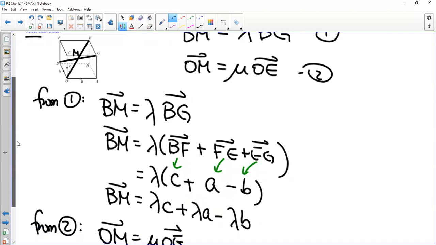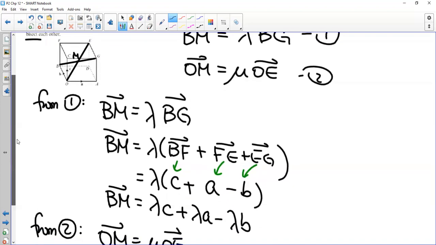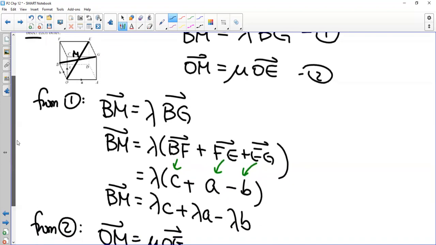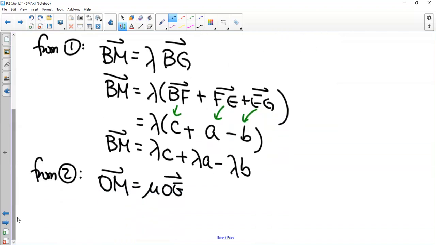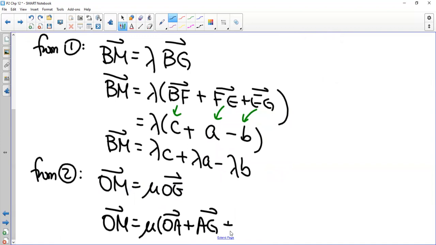So OE, we could go the different ways. I think the easiest for me will be O to A to G, and G to E. So OM will equal mu of O to A plus A to G plus G to E. It doesn't matter because it's 3D, it's a cube.